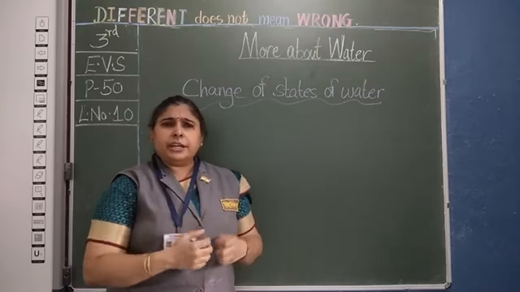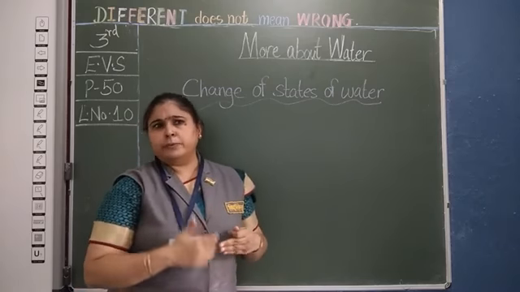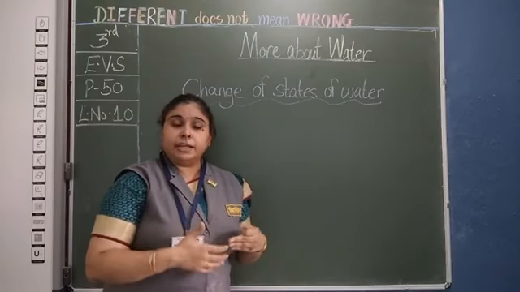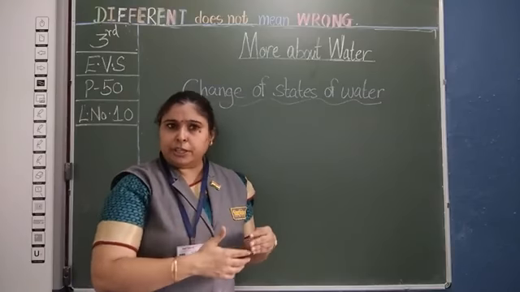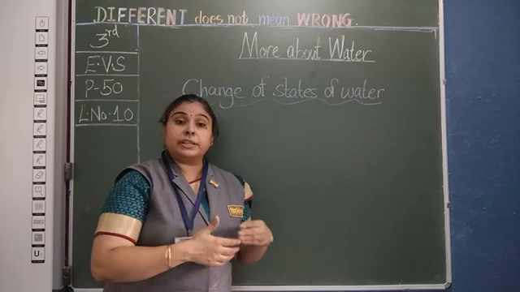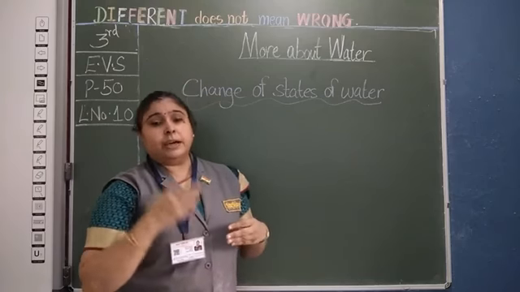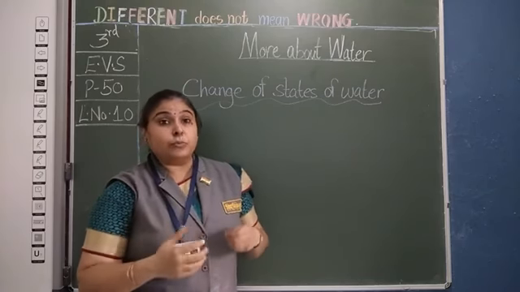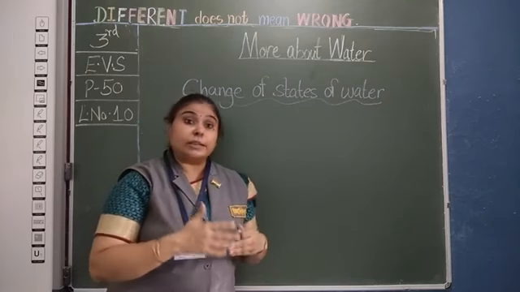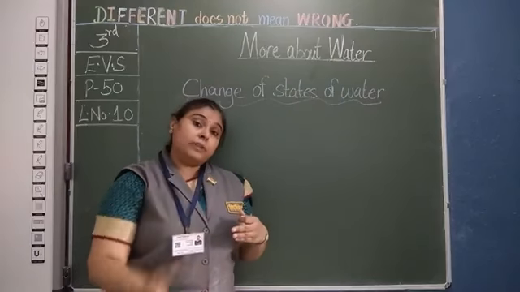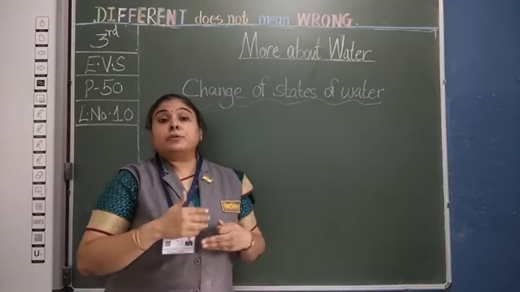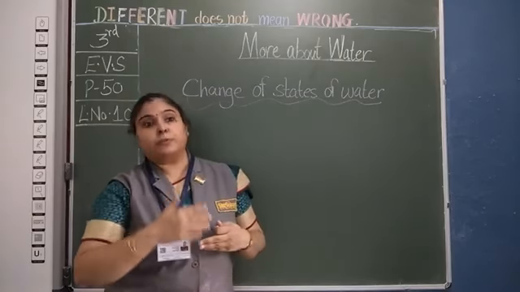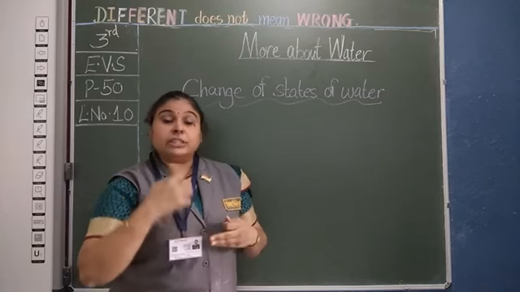But you know, it takes longer to dry wet clothes on rainy days. Why? Because during rainy days the humidity, the moisture, the wetness is in the air. And when there is already more water vapor in the air, the evaporation of water from the wet cloth decreases.